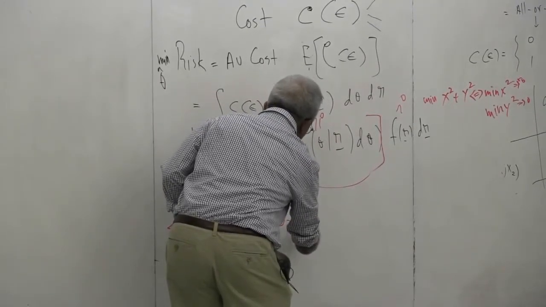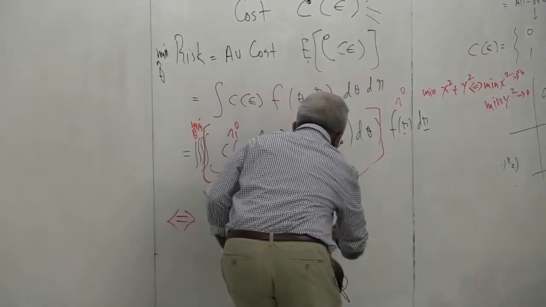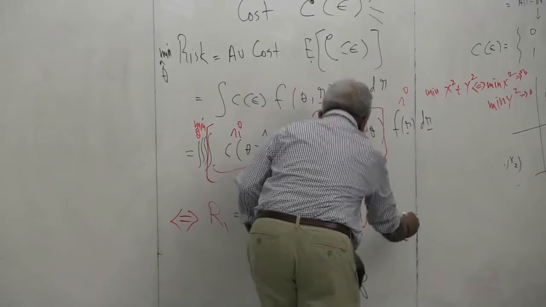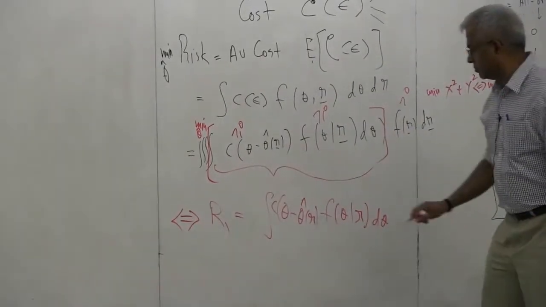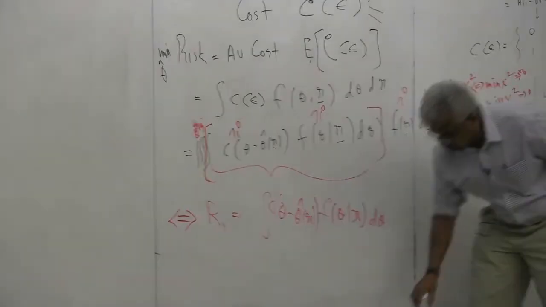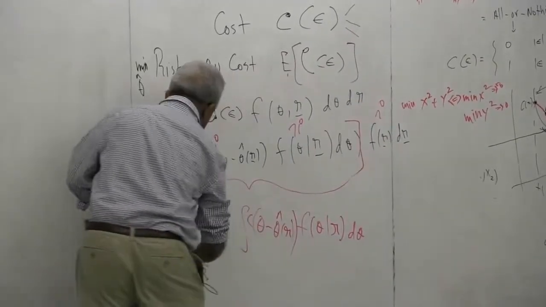So that is C of theta minus theta hat. Of course R1 is a function of R, right?